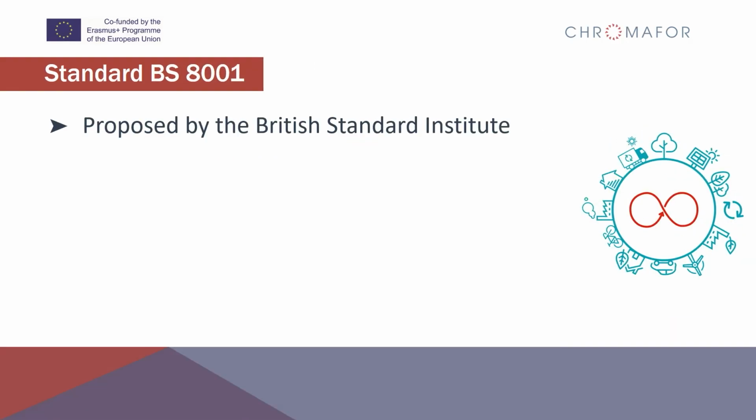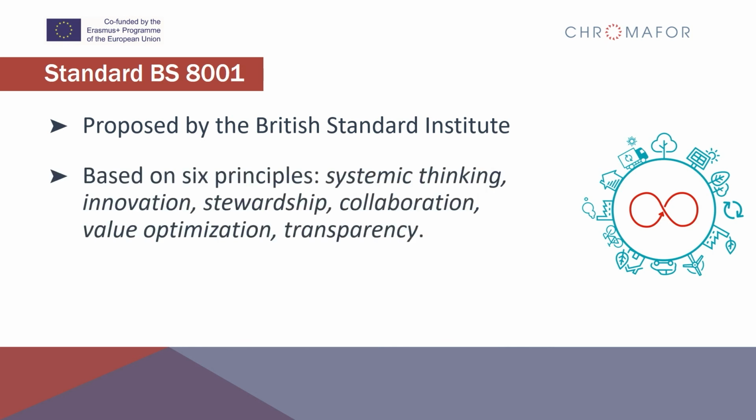Standard BS 8001. It was proposed in 2017 by the British Standards Institution and it has been the first international standard to perform a circularity assessment of a company. The standard is based on 6 principles: systematic thinking, innovation, stewardship, collaboration, value optimization, and transparency.